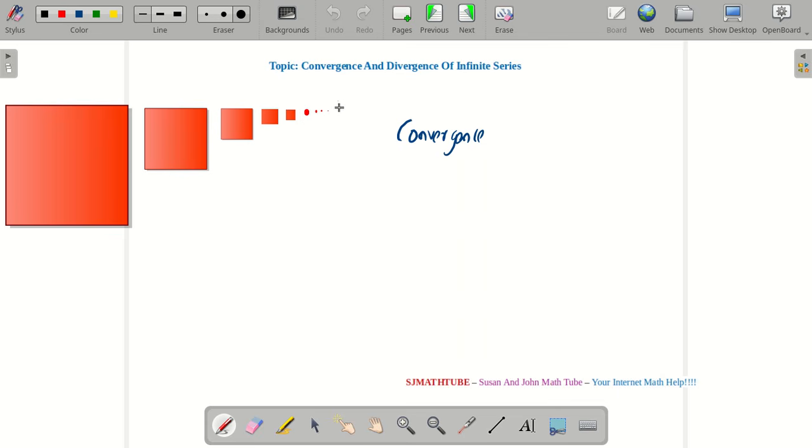Even though we cannot see, there are small squares. Now imagine what will happen if you add the areas of all these squares. Tell me what will happen if you make 100 squares like this. What will be the size of that 100th square? Even though we cannot see, just try to visualize it.